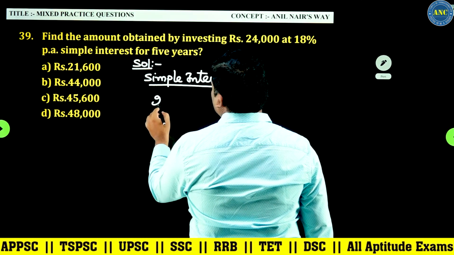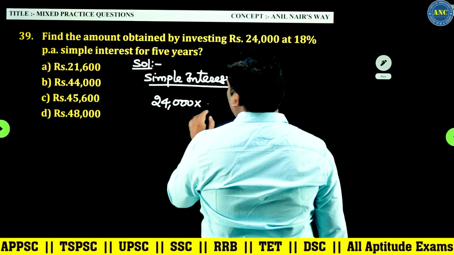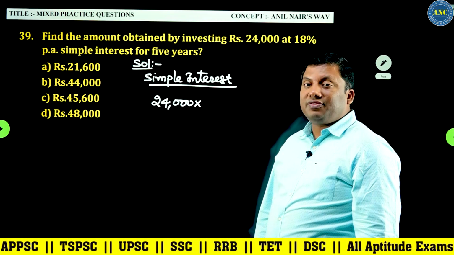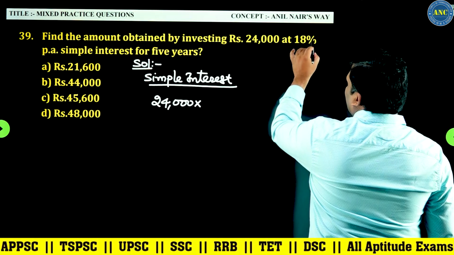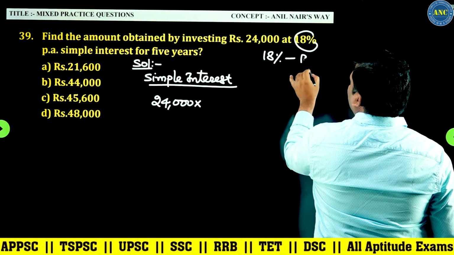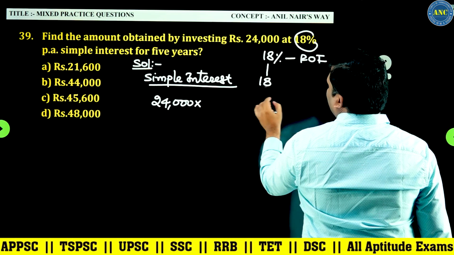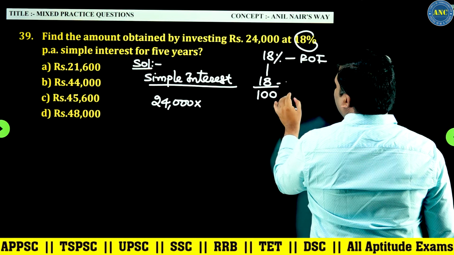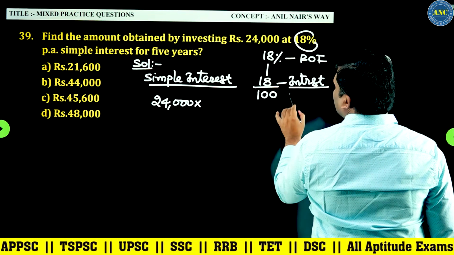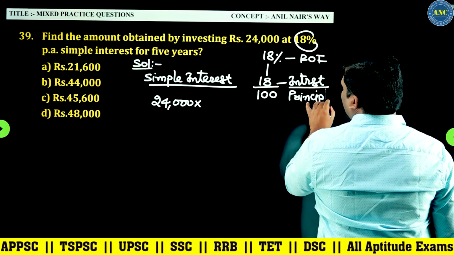Now, if you see here, amount obtained. First of all, the initial sum which I took is 24,000. 18% for 5 years. These 18%, it is the rate of interest, given by interest on principal.